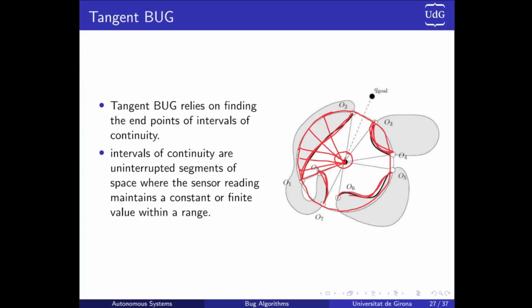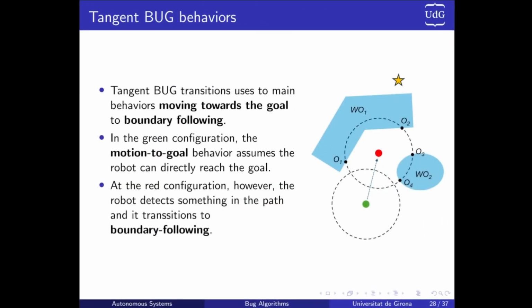Okay, in this algorithm, we are more interested in these discontinuity points, what I've put here like O1, O2, O3, O4, O5, than in the wall itself, okay? We will be focusing on these points. These will be like our obstacles, these discontinuity points, or these discontinuity intervals. Then, we will again have two behaviors.